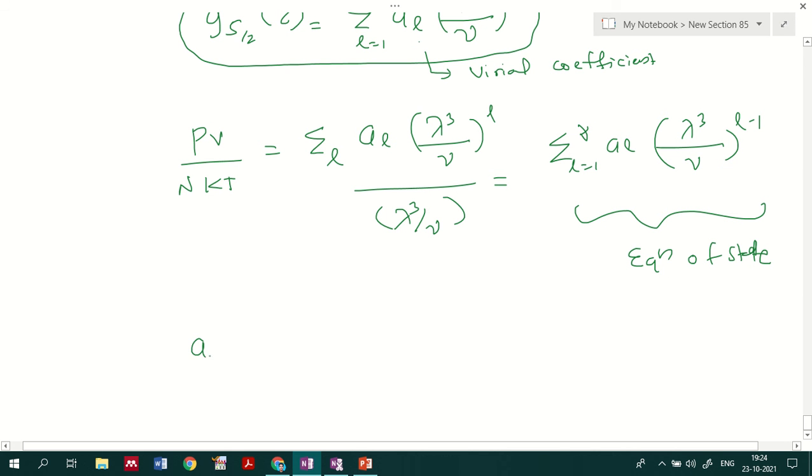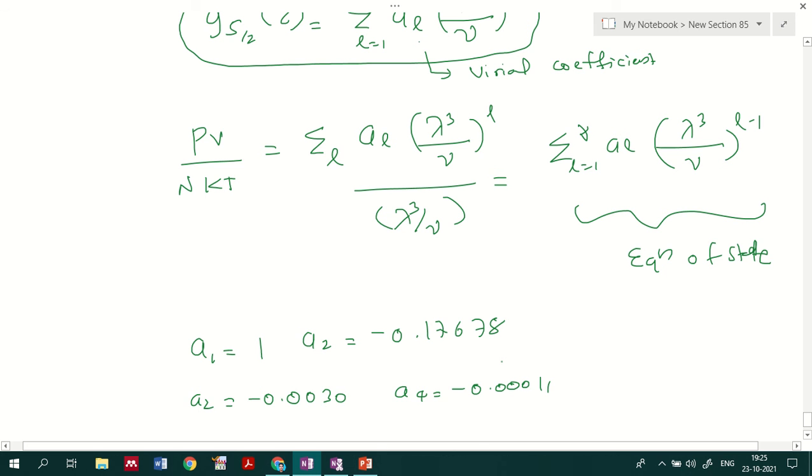For example, a1 equal to 1, then a2 will be equal to minus 0.17678, a3 equal to minus 0.0030, and a4 is equal to minus 0.0011.